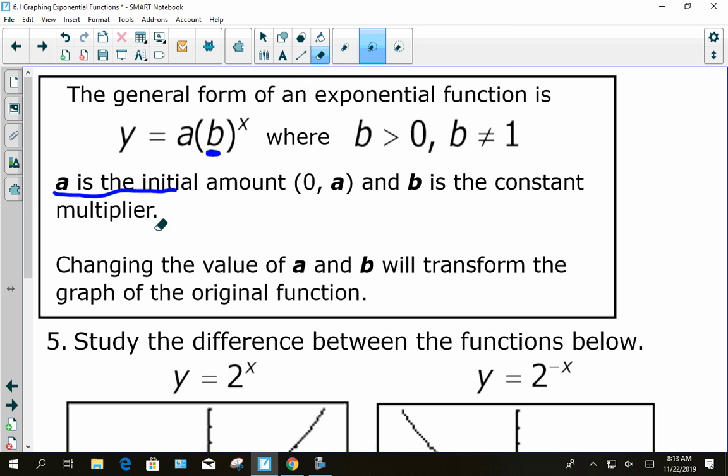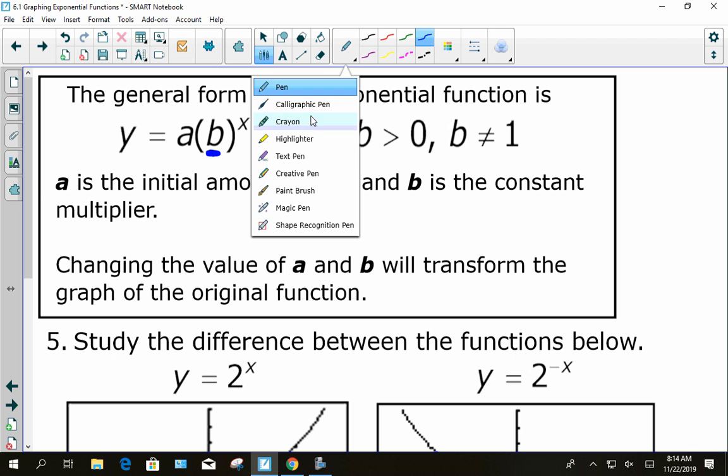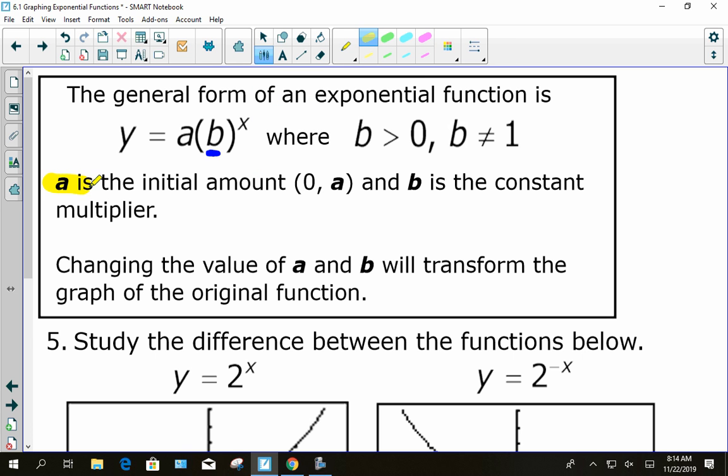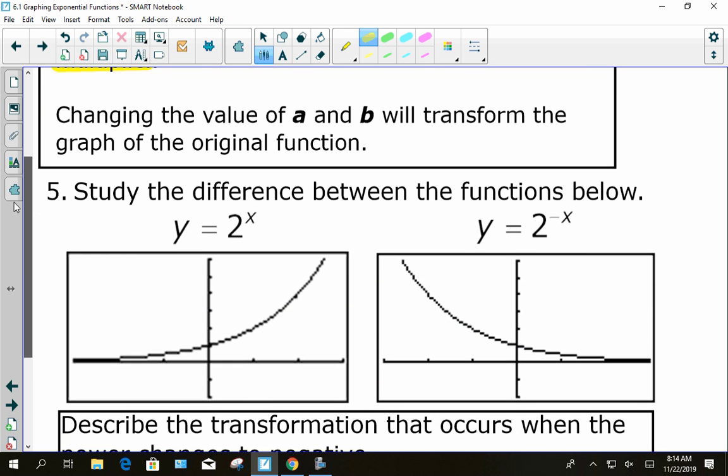B is your constant multiplier. So A is your initial amount. B is your constant multiplier. That's what you need to know. Changing the A value and the B value will transform the graph, obviously.